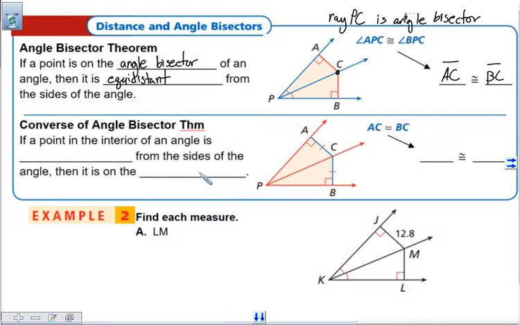We also know the converse of that is true as well. So if you have a point in the interior of an angle and it is equidistant from the sides of your angle, so if you know that point C is the same distance to point A as it is to point B, then you know that point C is on an angle bisector.